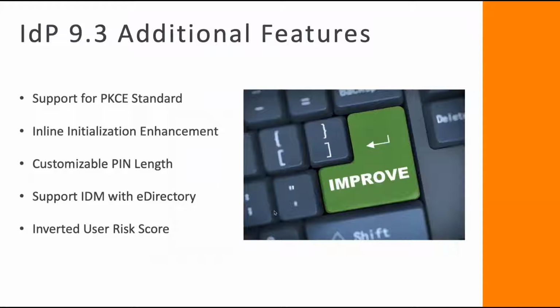Next is the inline initialization enhancement. That sounds like complicated stuff, but it's not really. It's best to use an example to describe this one. Let's say a user wants to use SMS or text, for example, for their authentication one-time passcode, but they don't have the phone number field populated in their directory profile. Instead of simply not allowing that type of multi-factor authentication method, they can now be redirected to an IDP self-service page for updating the profile.